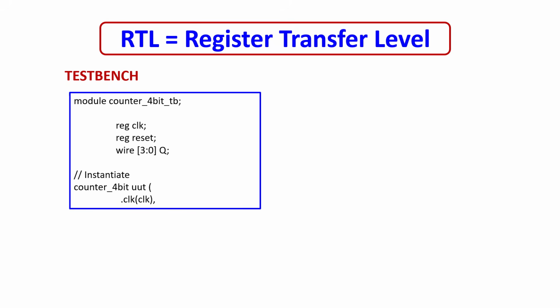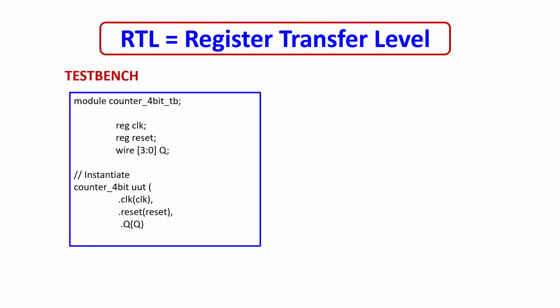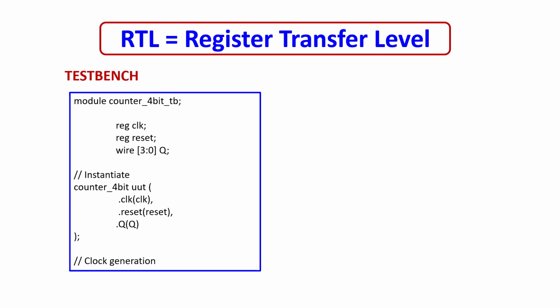So we are connecting it, and we are connecting the test bench reset to the counter reset. We are connecting the test bench output to the counter output. Close the instantiation. After closing this, the next operation we are going to perform is the clock generation.